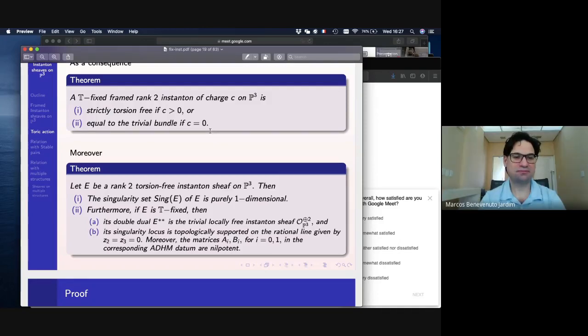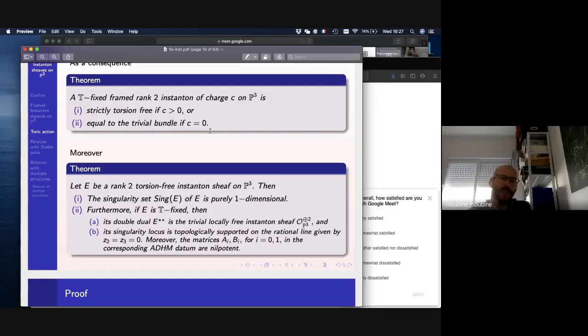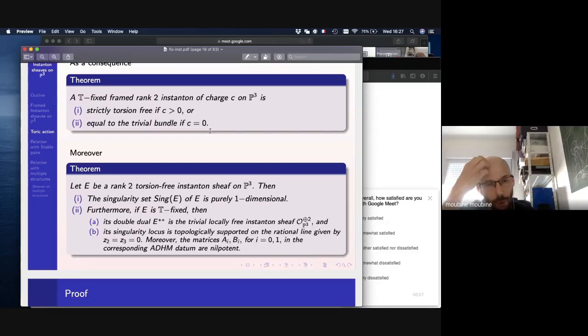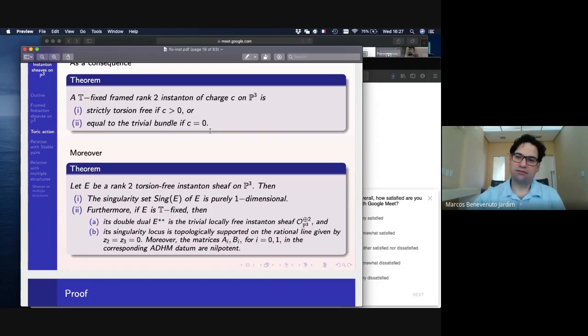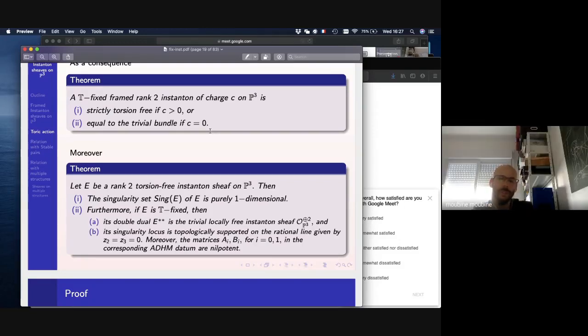You can have, for instance, a multiple structure on this line which is not monomial. So it cannot be fixed, because the monomial ones are the ones fixed by this torus action. So maybe not in general.